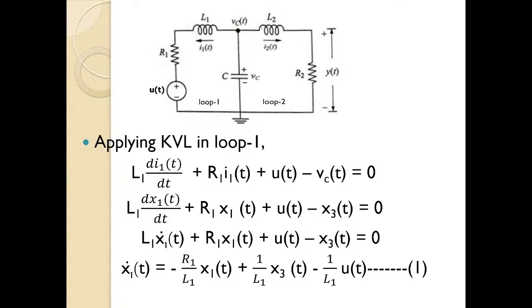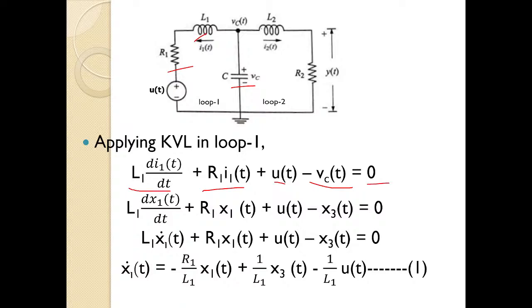I will start with this inductor: L1 into di1 of t by dt plus R1 into I1 of t, plus u of t minus Vc of t. In total there are 4 elements in this loop, equal to 0.